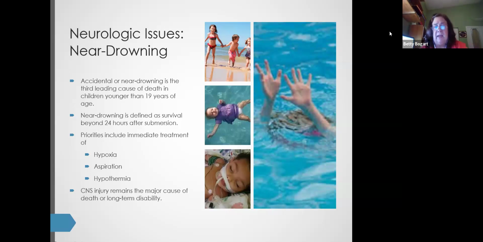And the biggest thing that we worry about with monitoring these children is respiratory. These children will be admitted to the hospital, even if they look like they're fine, because they can go into respiratory distress and die within 3 days of that submersion. So it's a big thing with drowning to monitor them closely.